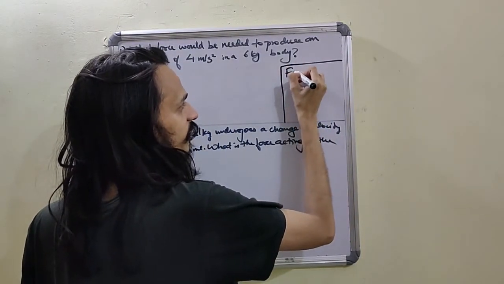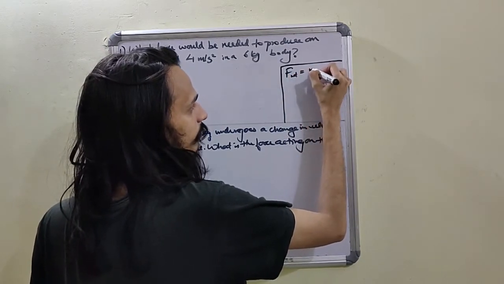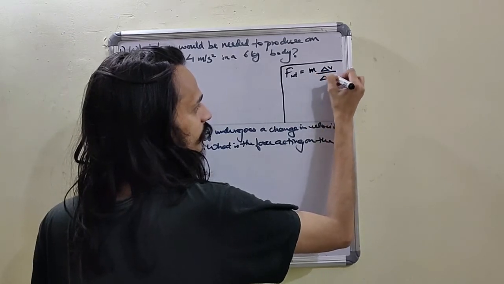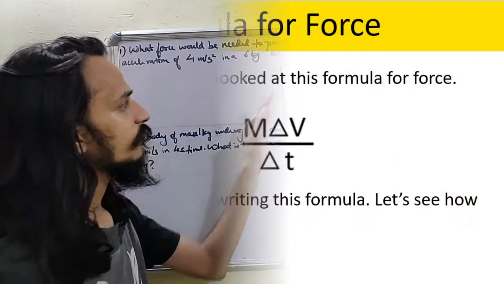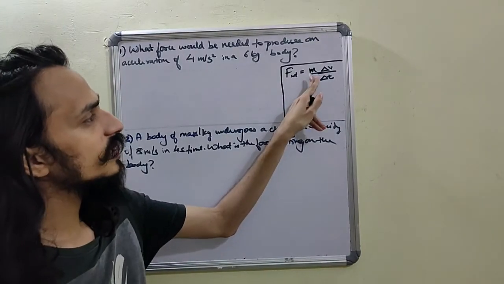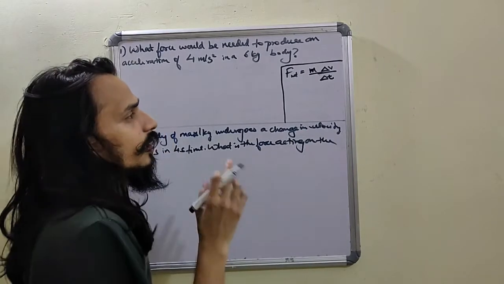We wrote something like F net equals m delta V by delta T. Force equals mass into change in velocity by change in time, right?